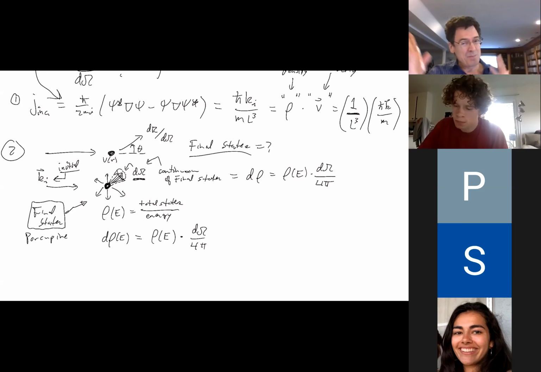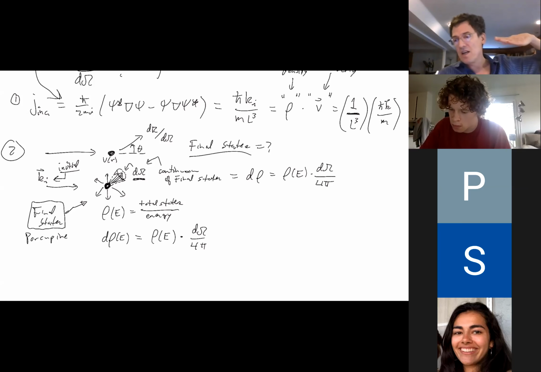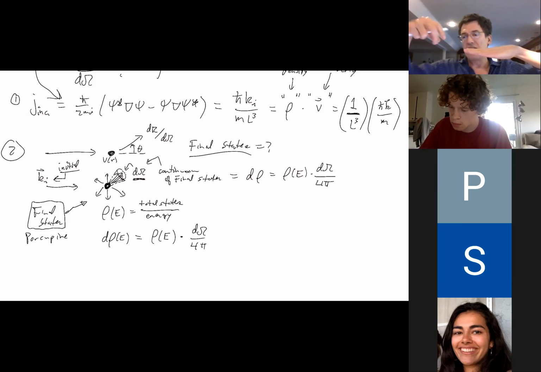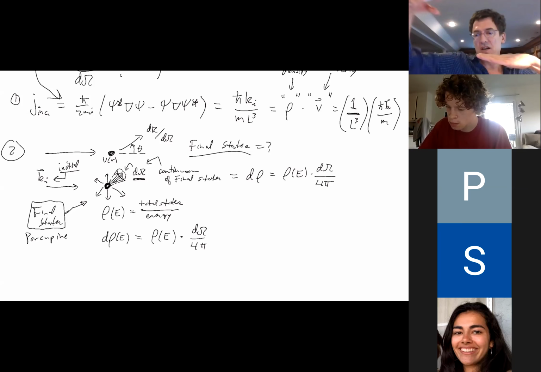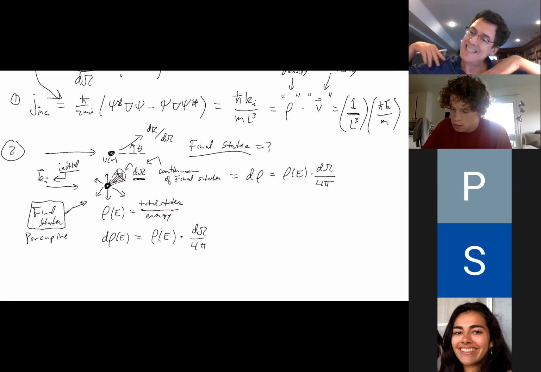All right, that's the picture that you have to see. You're starting in an initial state, and then you're ending up in a dense set of final states. You're scattering into this d omega, which is a dense set of final states.